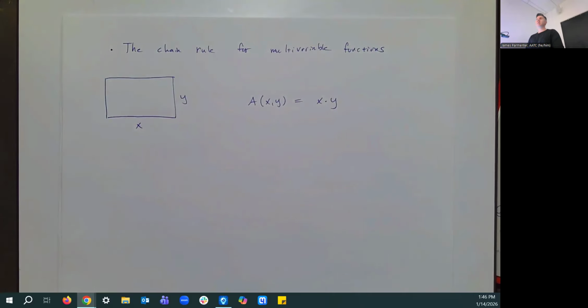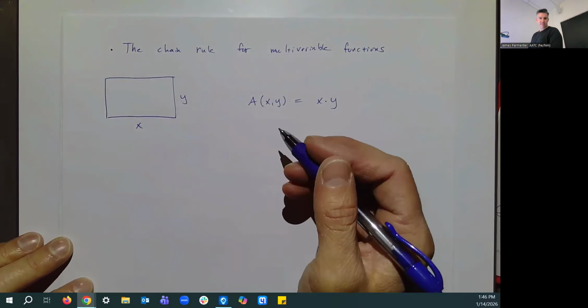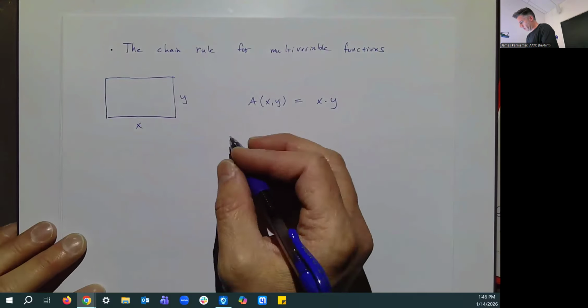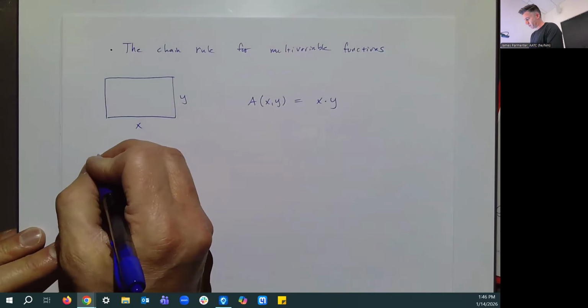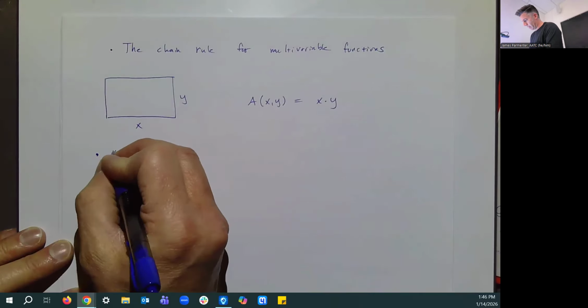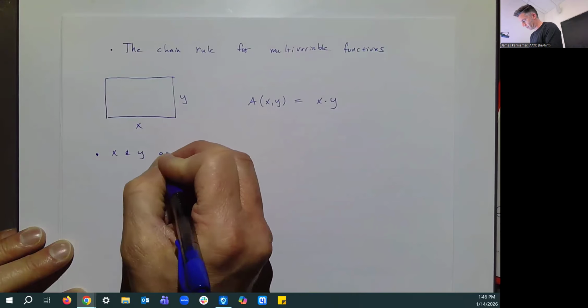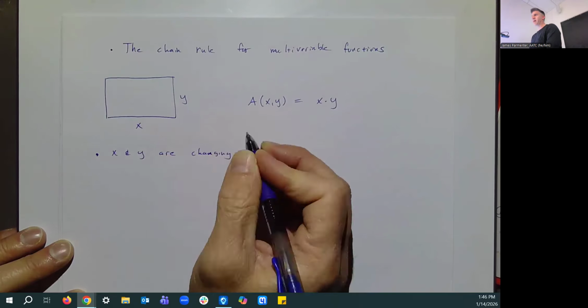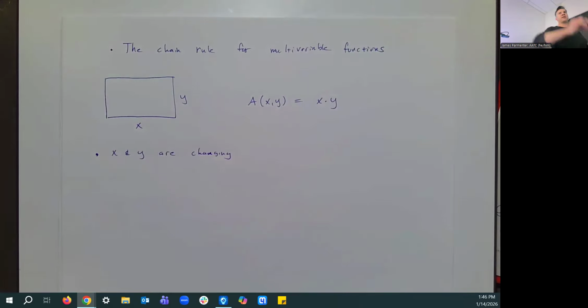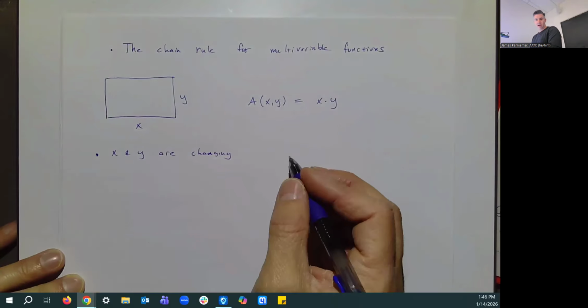Now let's say we know some things. Let's start off with this presumption: x and y are changing. We have some interesting rectangle where the length of one side and the length of the other side can just lengthen or decrease at will because it's a sentient rectangle that decides to be bigger or smaller.